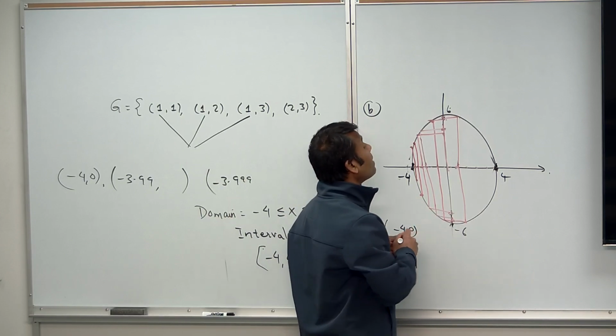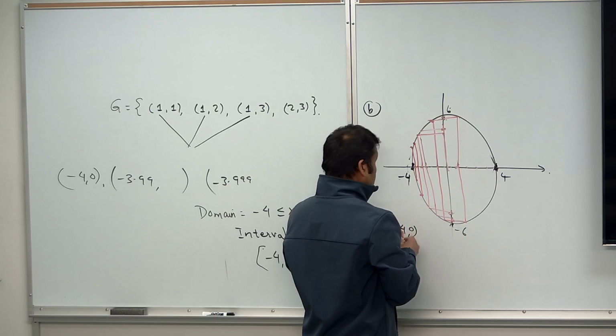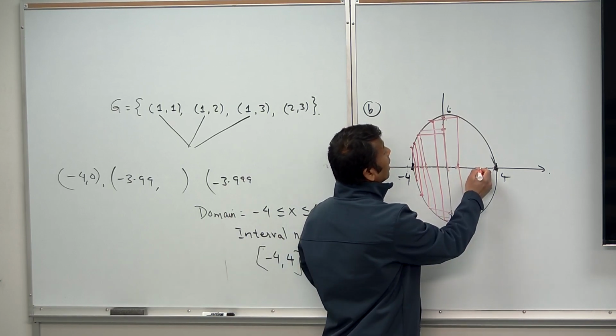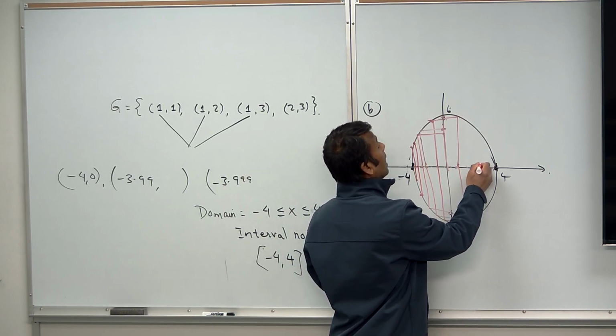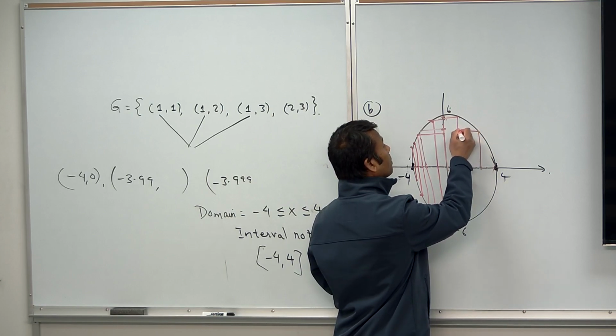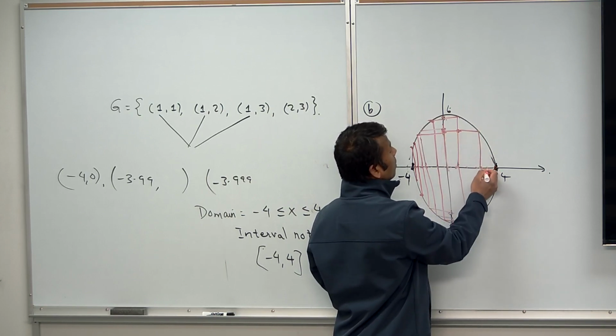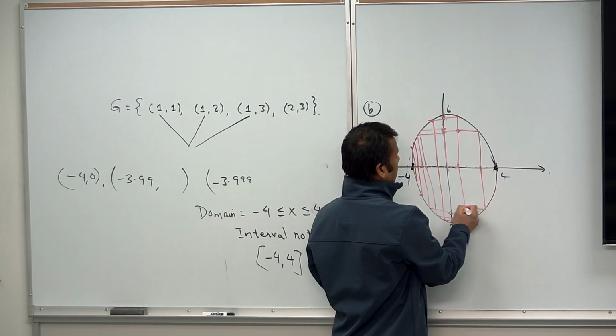For every x value, let's say you have an x value here, and where is the y value? This is the corresponding y value, and it goes down, and this is the corresponding y value.